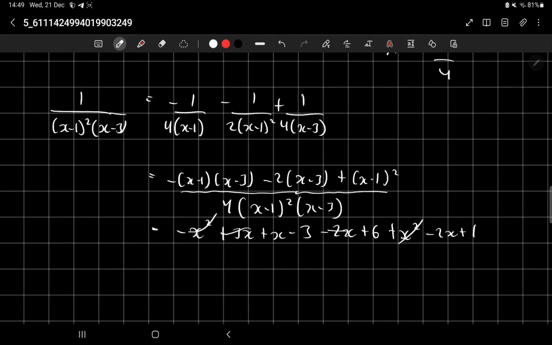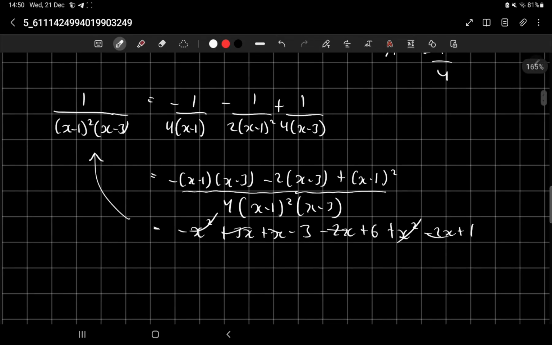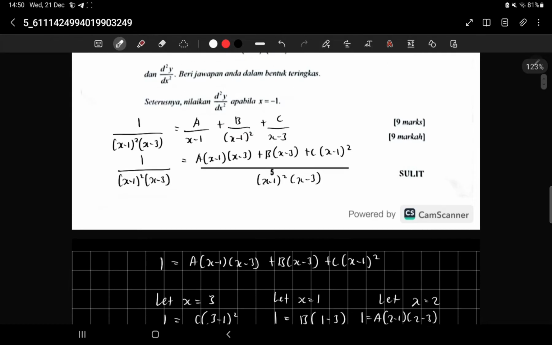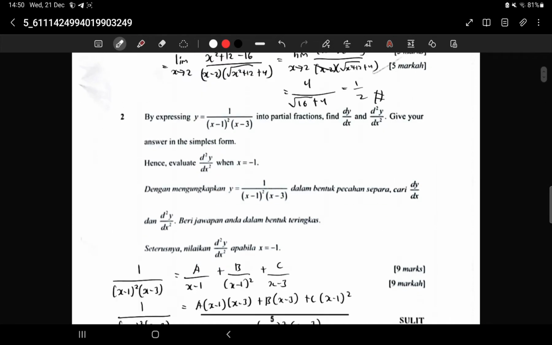Yeah, that should be the correct one. So this will be cancelled, and you should get the original. Okay, so this part is a bit difficult. It took me a while.